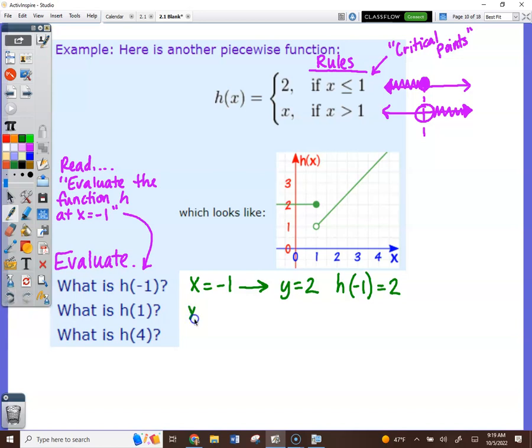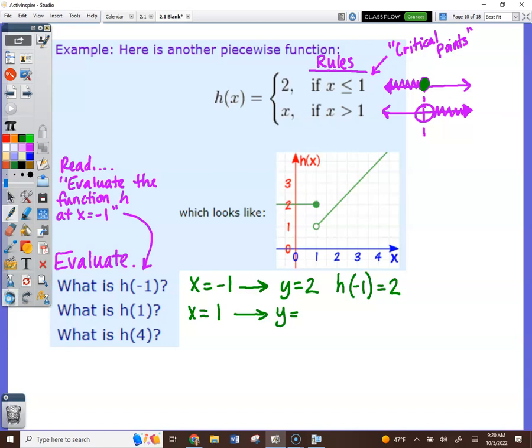Now go to the next one. They're saying, let x be 1. Well, if x is 1, which rule, first or second, is 1 allowed? The first one. Why? Because it's touching. 1 would be right there. This means not allowed, correct?